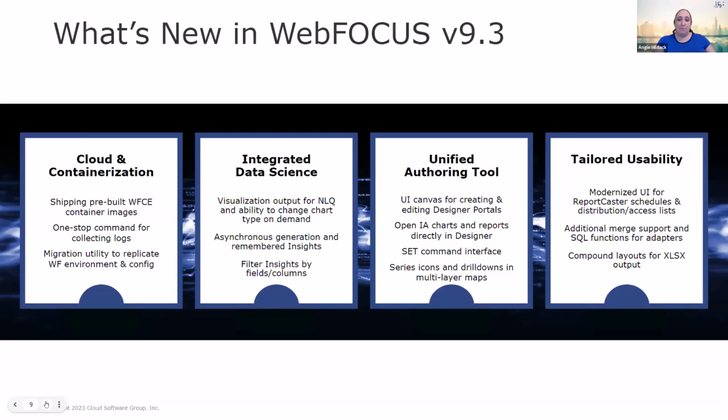In the past, if you were using the WebFOCUS Container Edition, it was essentially a script that you had to work with and run to generate your container image overall. But now we're trying to make that process simpler, and so we're shipping the pre-built container image. There may still be tweaks that you need to do unique for your environment, but it'll at least be a great starting point for you.